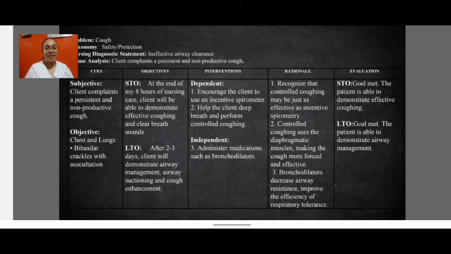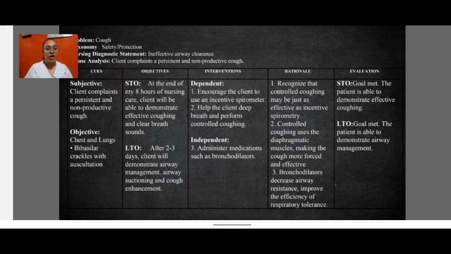For our independent intervention, first we have is to encourage the client to use an incentive spirometer. This is to recognize that controlled coughing may be just as effective as incentive spirometry. Second, we help the client deep breathe and perform controlled coughing.